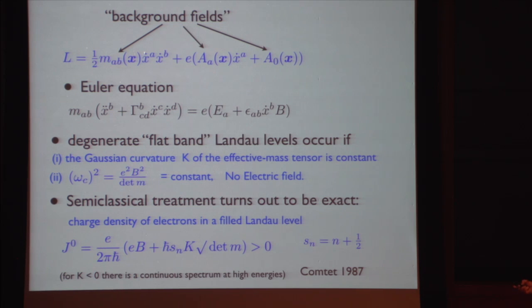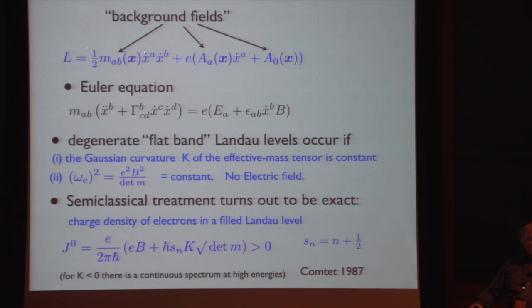Okay, so this is actually an interesting problem that's been solved mathematically way back in the 80s. So you can ask, when does this system give you degenerate flat band Landau levels? We're all rather familiar with it on the sphere from the quantum Hall practices, but it also doesn't depend on the Gaussian curvature being positive or negative.